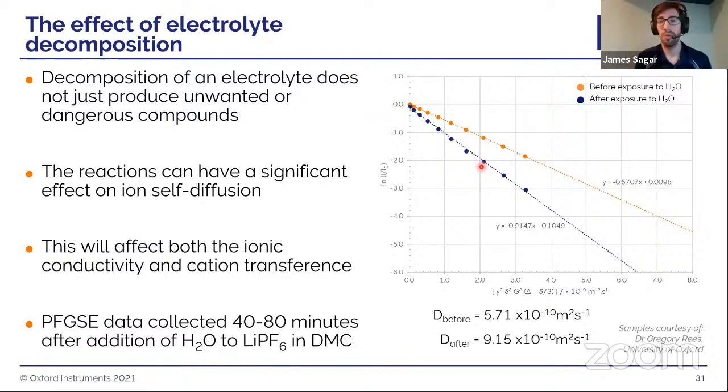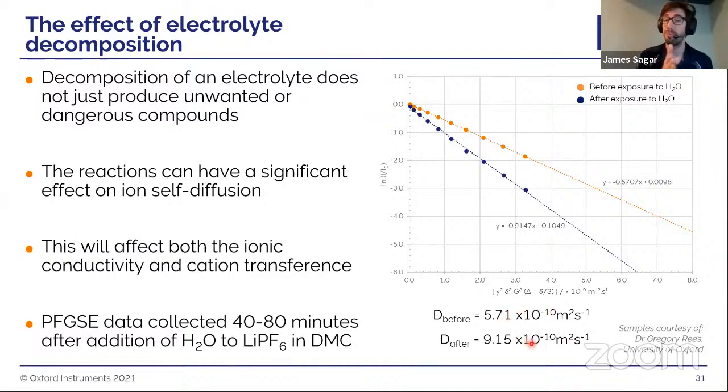What we did during that was to take a pulse field gradient NMR experiment. And you can see that after that exposure to water, there is a significant difference in the diffusion coefficient of that, in this case, the fluorine or the hexafluorophosphate anion. Big difference in the diffusion coefficient.